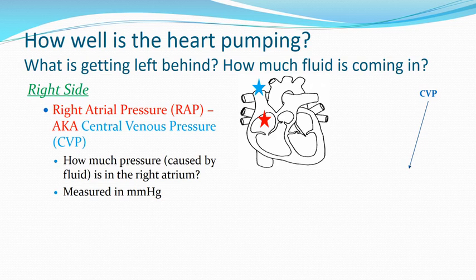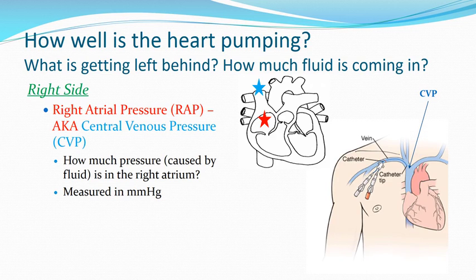So instead, we use a central line, which is pretty darn close to the right atrium. Remember, central lines are called central because they're very close to the center. They have access to the vena cava. We call the pressure in that area central venous pressure, or CVP, and we can use it to very closely estimate the amount of pressure in the right atrium. Now, why is the CVP so similar to the RAP, or right atrial pressure?